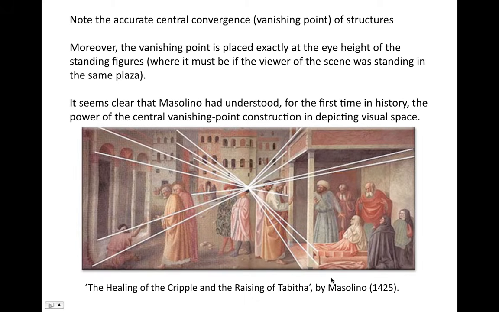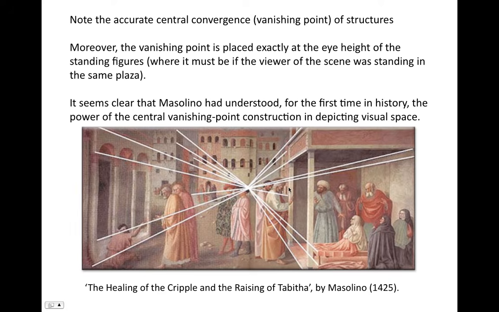And you'll notice, if we look at it with lines drawn on top here, that all of the architectural orthogonals or parallel lines all do converge at the same point, which is the vanishing point. Furthermore, you'll notice that the vanishing point is at the same level as the eyesight of the standing figures.